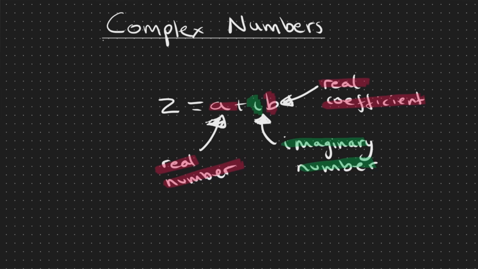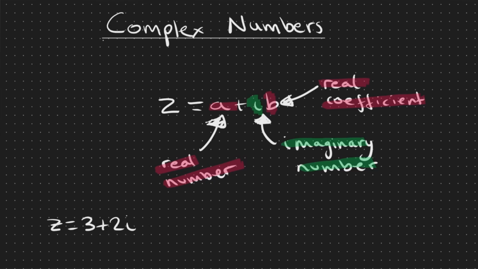Now here we're going to have some examples. Say we had 3 plus 2i as a complex number. z is equal to that. We could say that 3 is the real part of the number, and the imaginary part of the number is 2. There's 2 times the imaginary unit.